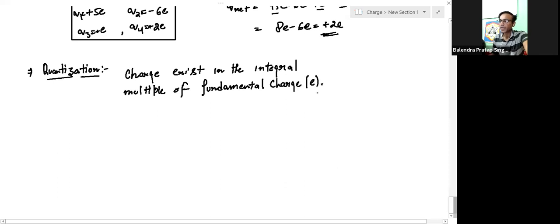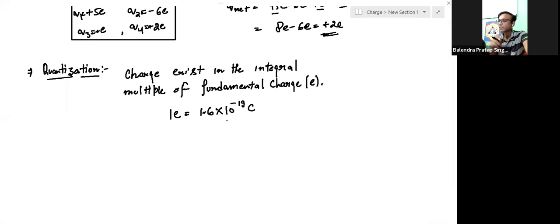As I told you, the fundamental charge means the minimum amount of charge, which is 1e, the charge on an electron or a proton, which is 1.6 into 10 raised to the power minus 19 C. So charge exists in integral multiples of this fundamental charge.